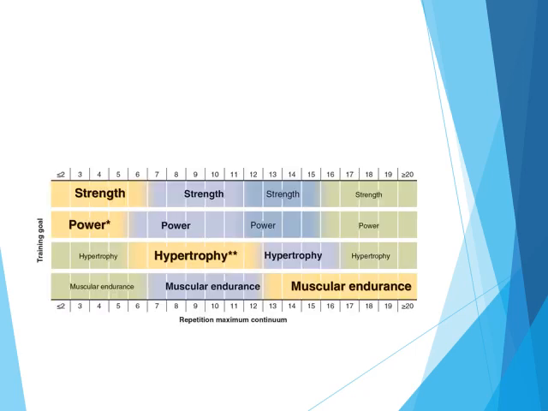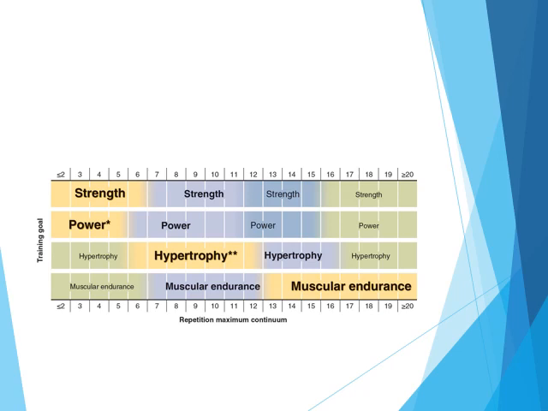Now this is actually something that does come out of your textbook. Here you see the whole hypertrophy, strength, power continuum. It talks about the training goals, and it shows you what the rep ranges are and where the primary adaptations come in. When you're working on any of these things, you will still get slight changes in the other variables.